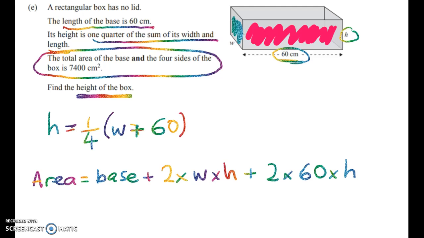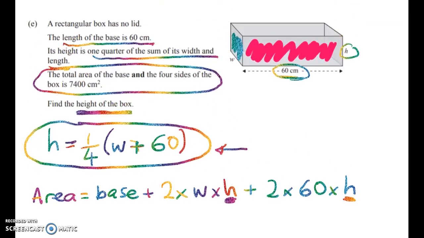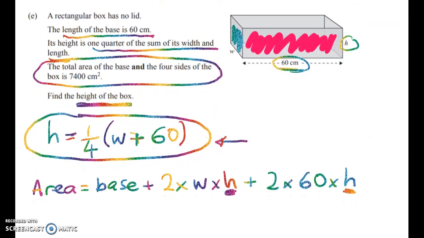So what we need to do is to eliminate w or h, and in this case we've already written h in terms of w. So we're going to take this equation and replace the h in here. And we know what the base area is.